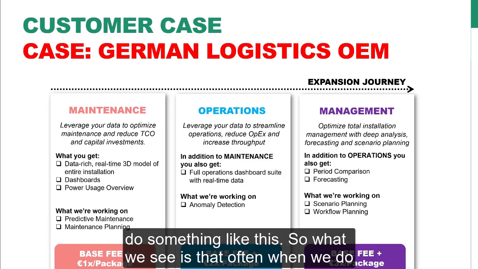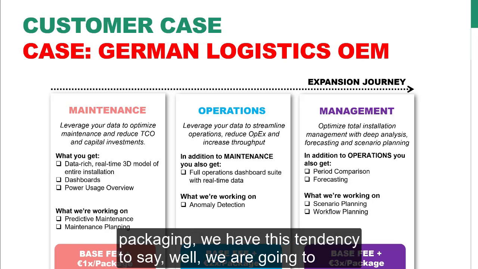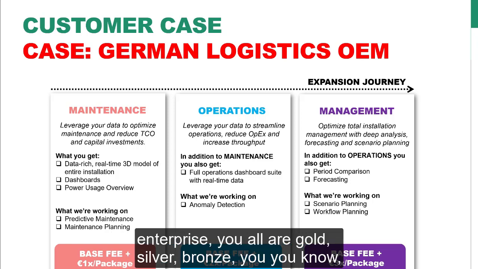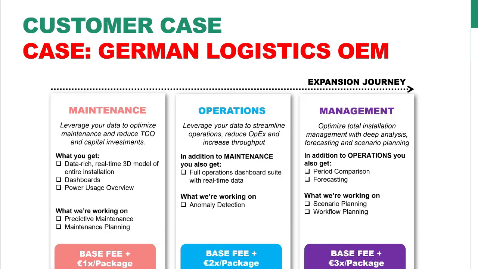So what we see is that often when we do packaging, we have this tendency to say, well, we're going to create 3 packages, like a basic and an advanced and an enterprise, or gold, silver, bronze. You know the kind.